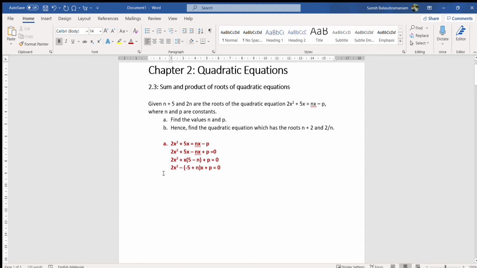Because I try to follow the standard form for the sum of roots and product of roots of a quadratic equation.